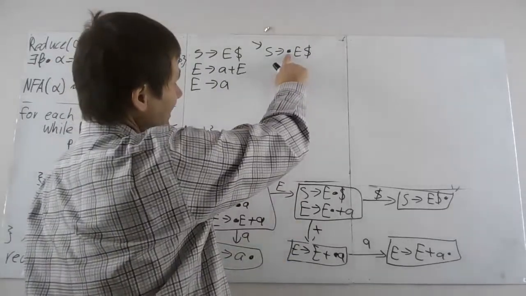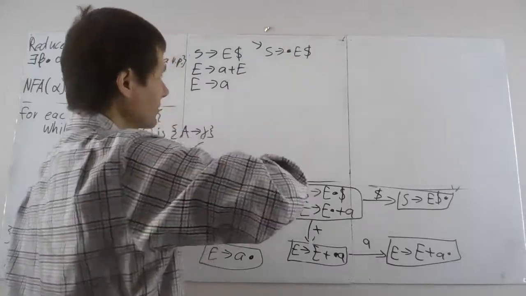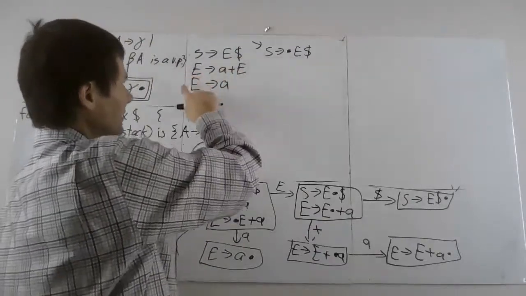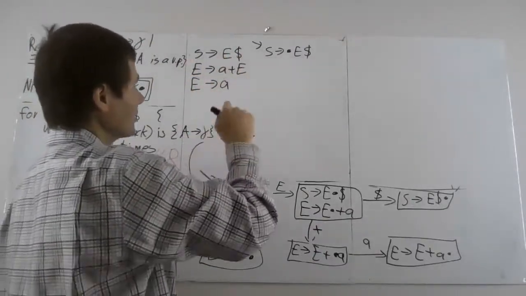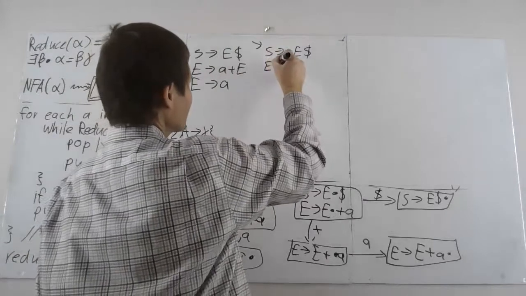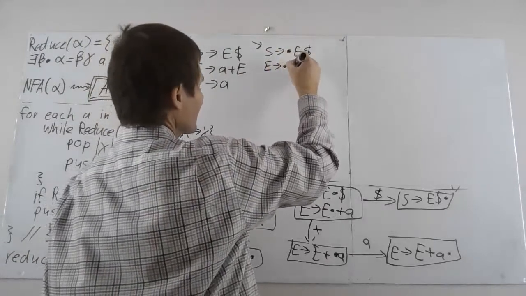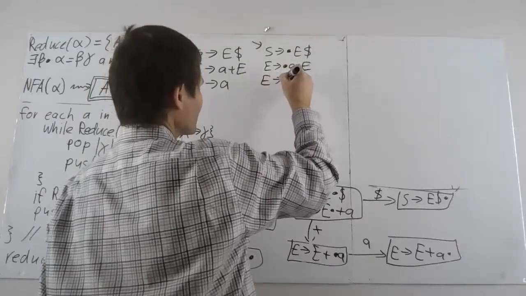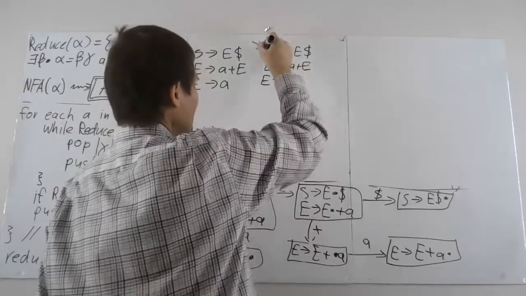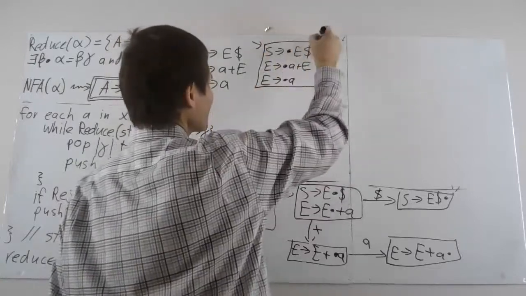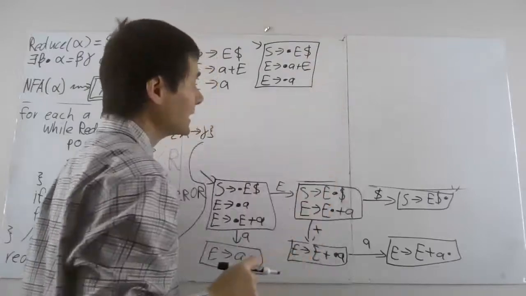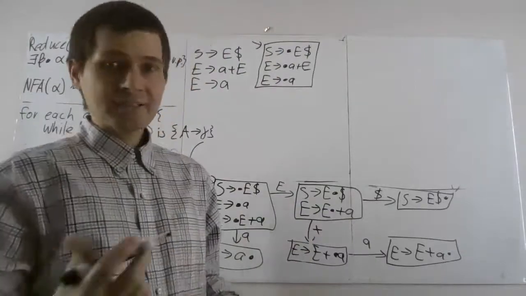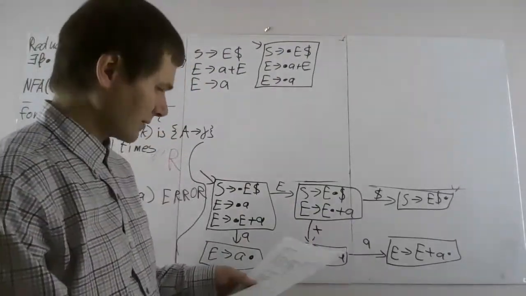That start state has a dot before the E, which means we would have epsilon transitions to the start states of these. So we would have an epsilon transition to E goes to dot A plus E, and also an epsilon transition to E goes to dot A. When I convert that NFA to a DFA, the epsilon closure is going to include those three NFA states in a single DFA state.